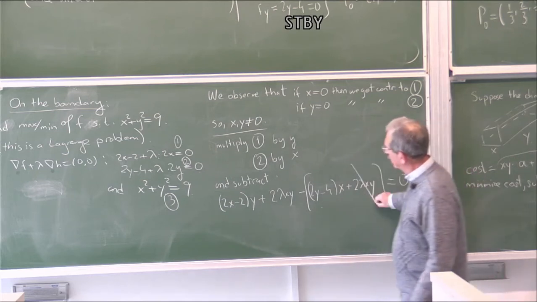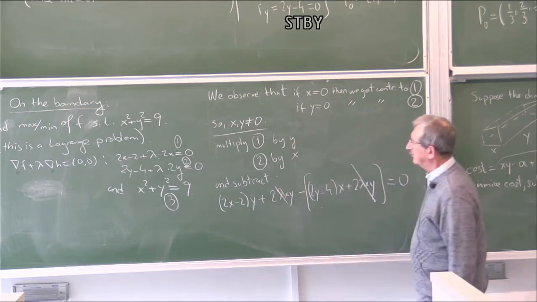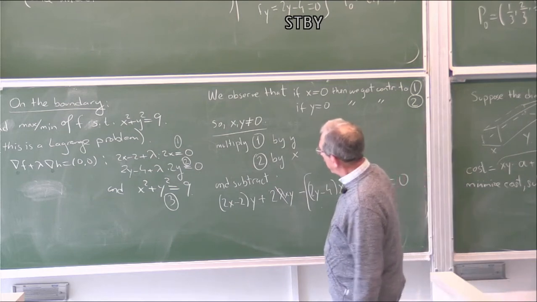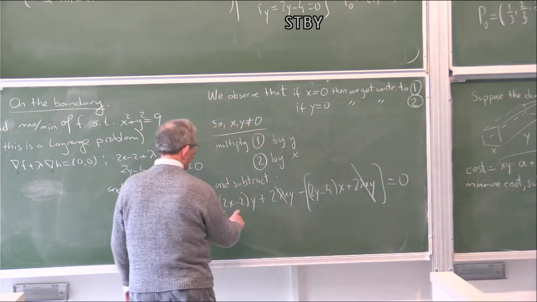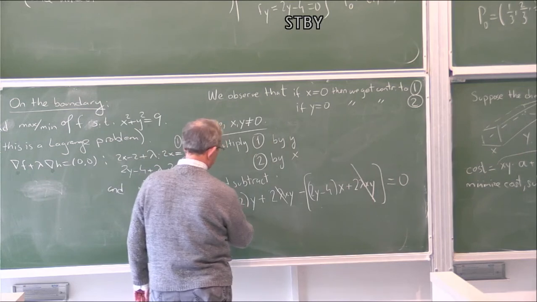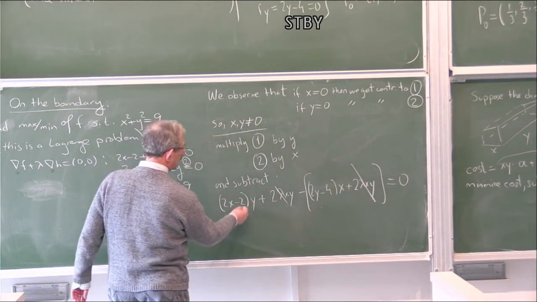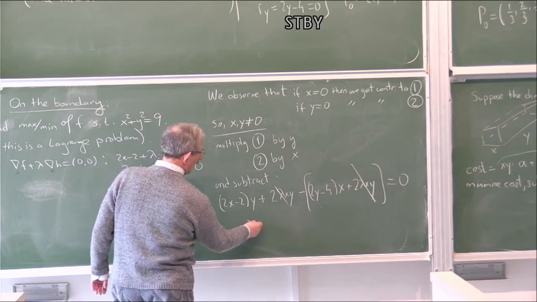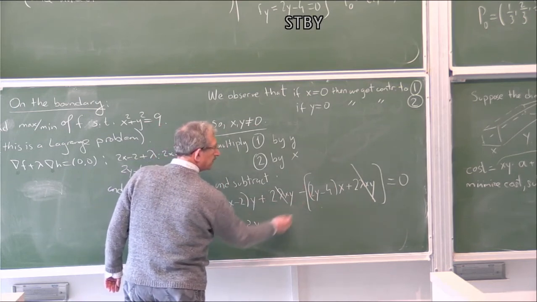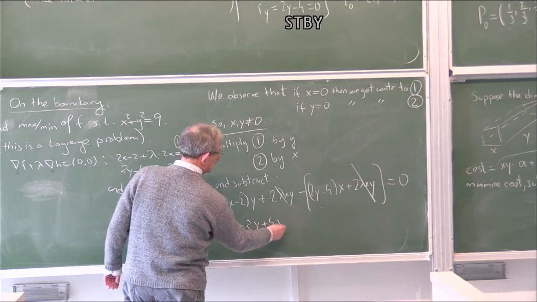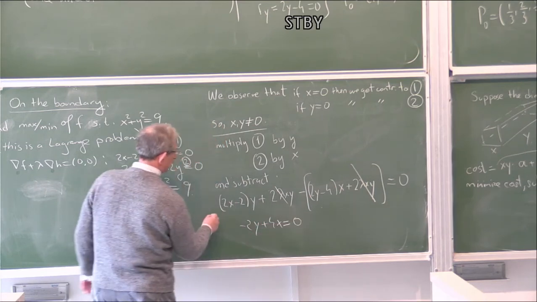Of course, these cancel out. And we have 2xy and here minus 2xy. They cancel out, so we have minus 2y and plus 4x is 0.